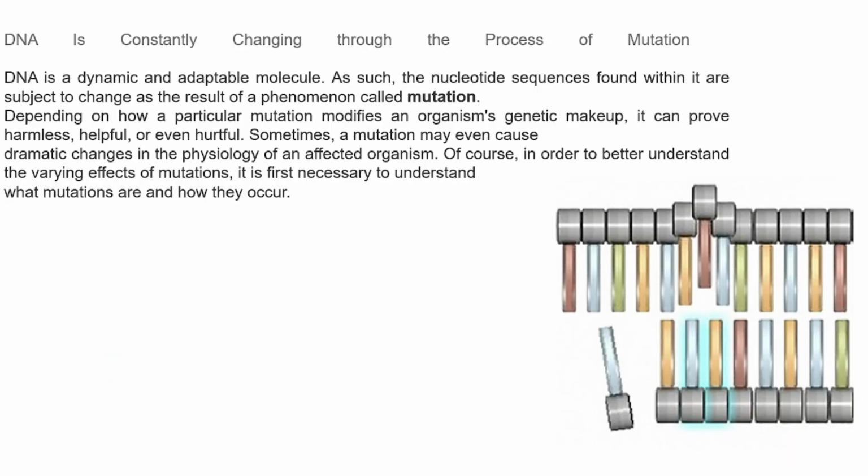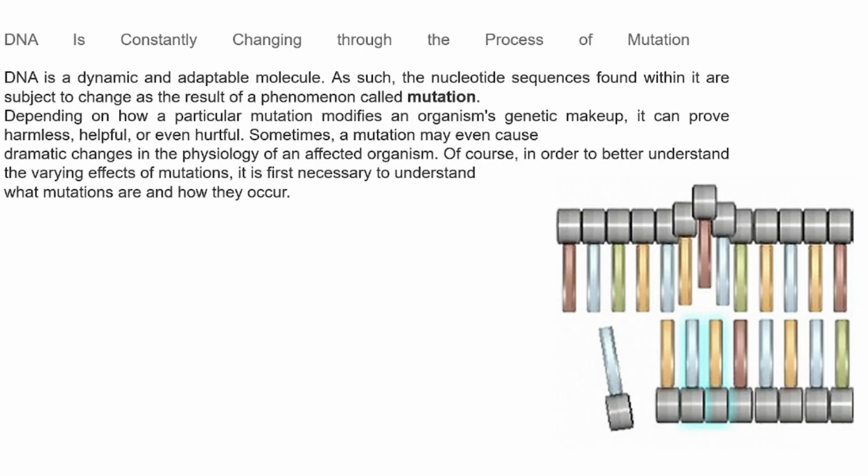So we know that there are different processes of mutations because DNA is constantly changing through the process of mutation. I'll discuss the process of mutation in a very brief manner because we know that DNA is dynamic and it's a very adaptable molecule. It's also stable, and as such the nucleotide sequence is subject to change, leading to mutation.